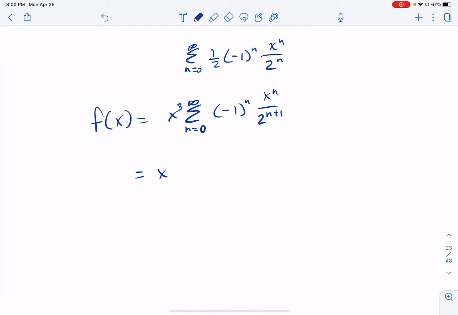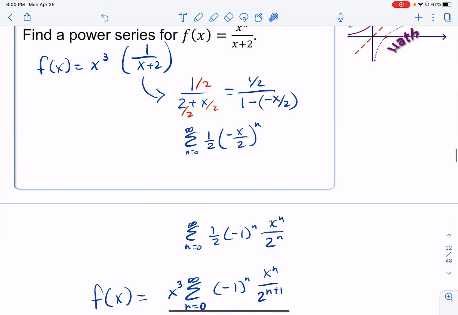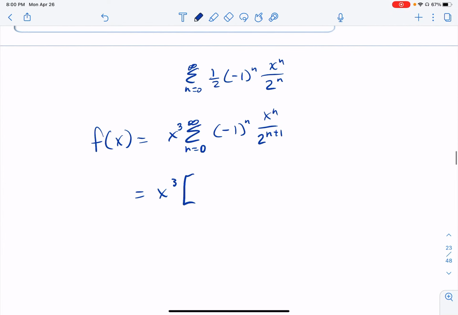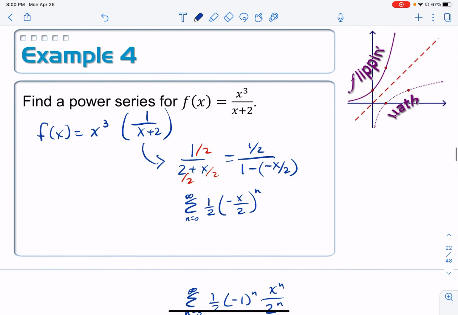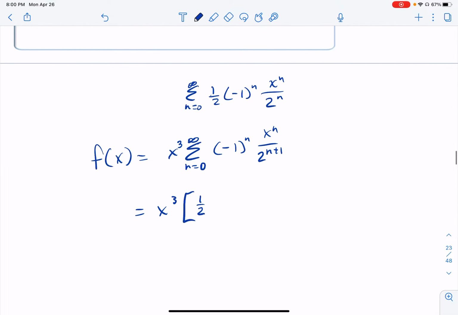I'm going to go an x cubed, and then I'll put this little bracket here, and then I'm going to start building this series. Well, I can build it by just plugging in the numbers, or remember that my first term here is a half, right? And then my common ratio was -1/2, so I would multiply each of these terms by -1/2.